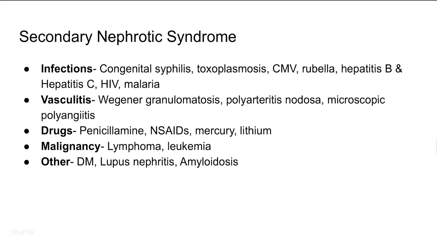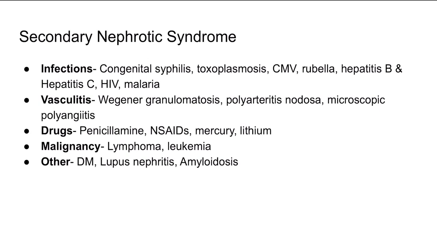The secondary causes of nephrotic syndrome are due to infections, vasculitis, drugs, malignancy and other causes. So in infections, the secondary causes are congenital syphilis, toxoplasmosis, CMV, rubella, hepatitis B and hepatitis C, HIV and malaria.